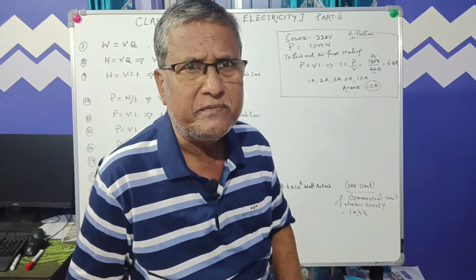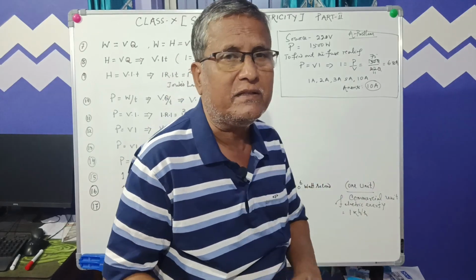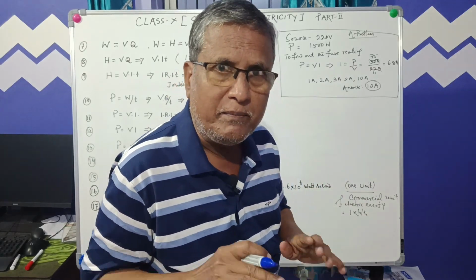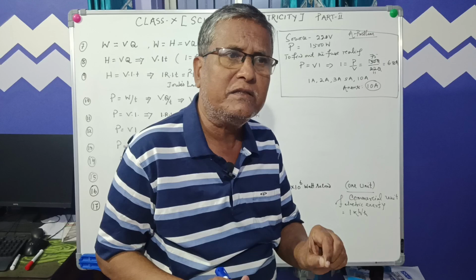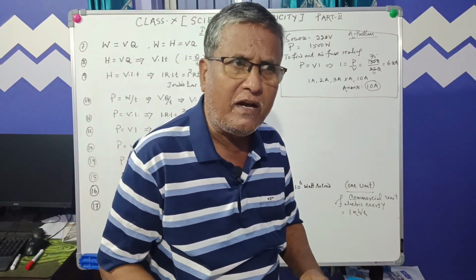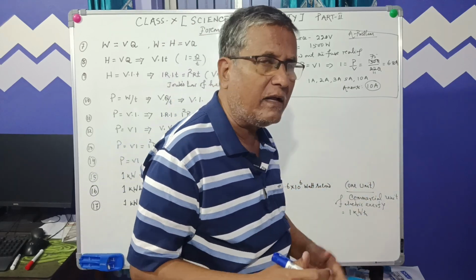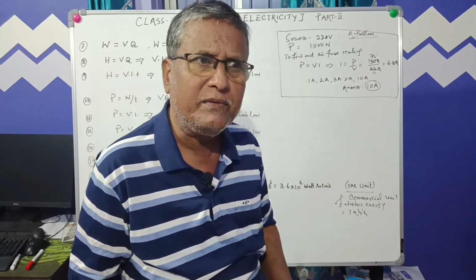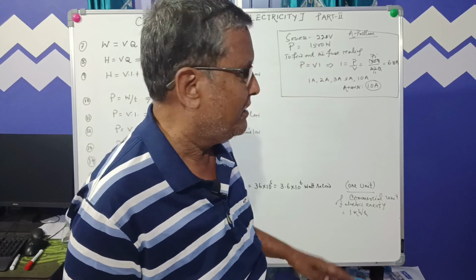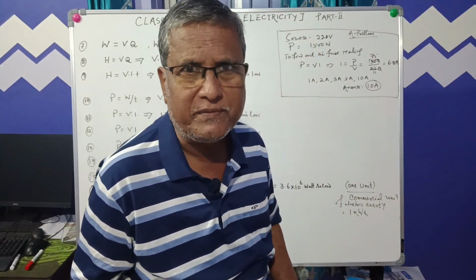It resists the flow or motion of electrons or negative charges because the conductor has its resistance. And in the circuit we use different appliances or gadgets and they have their own resistance. So the electric circuit is resistive.